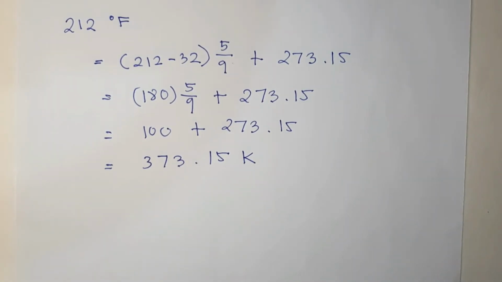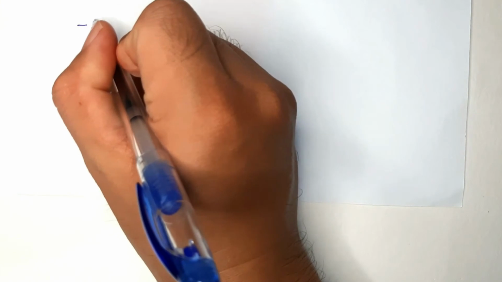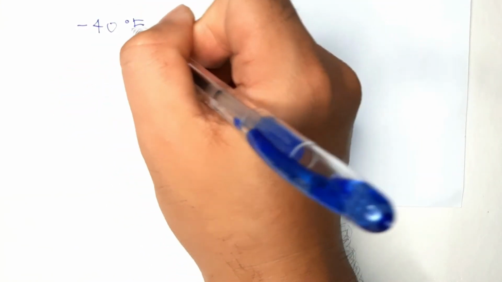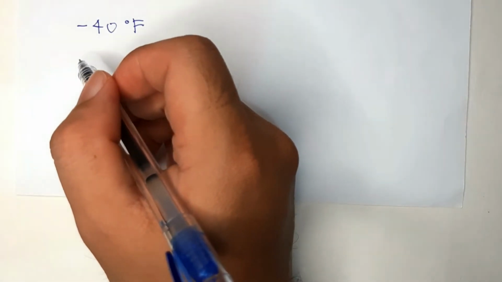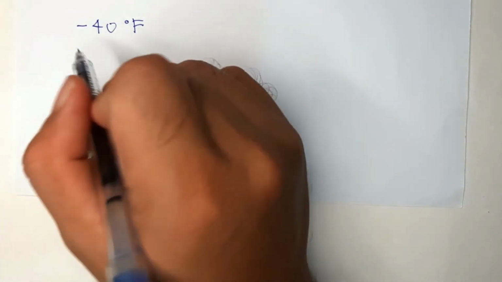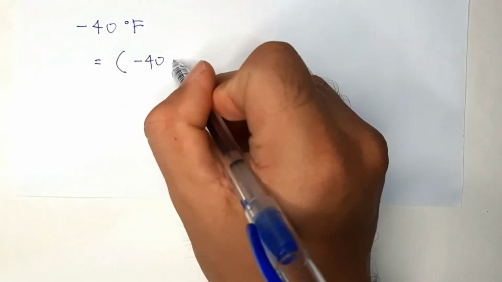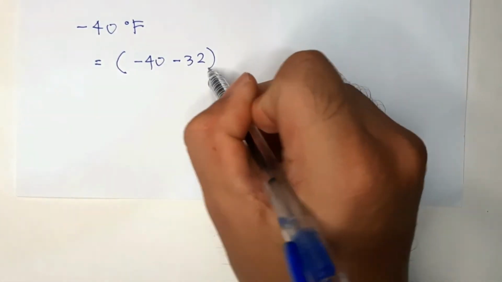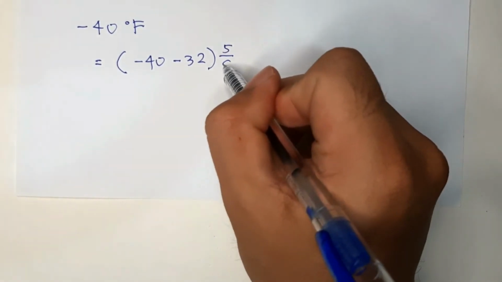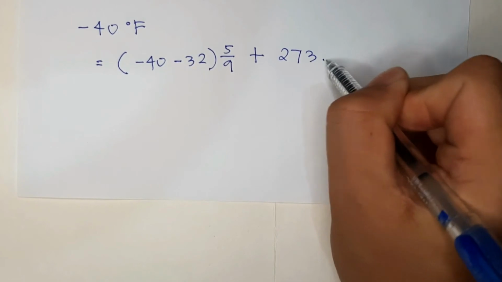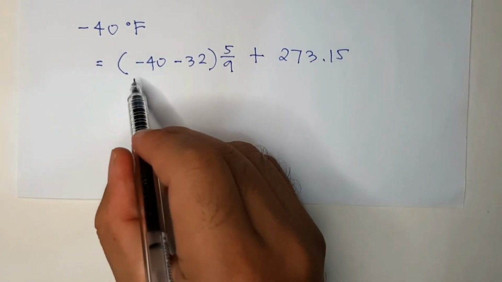So we go on to our last example. Negative 40 degrees Fahrenheit to be converted into Kelvin. Again, we use the formula. Negative 40 minus 32 times 5/9 plus 273.15. Subtract.